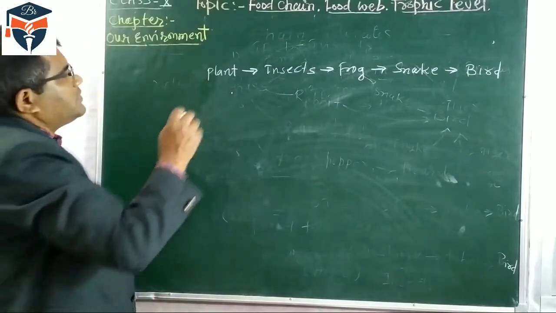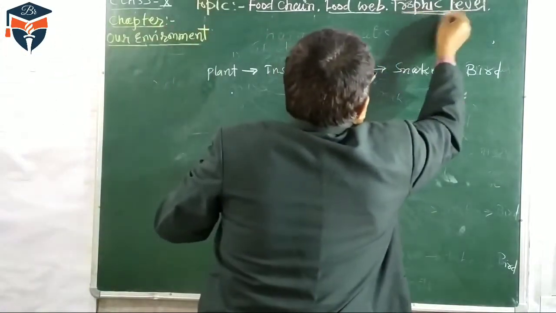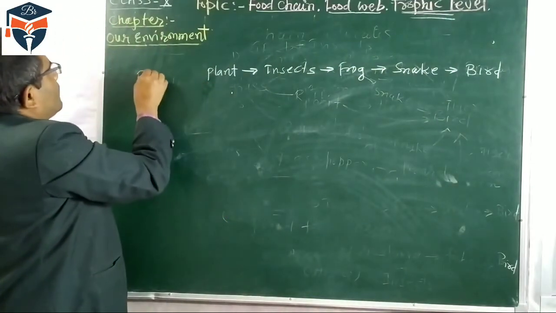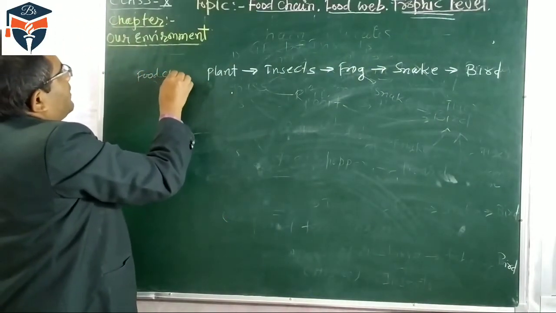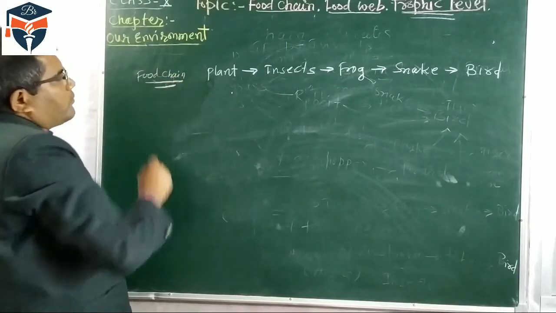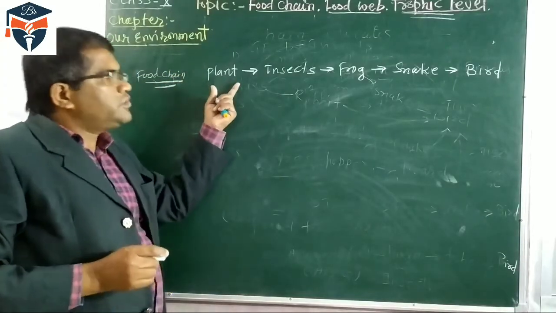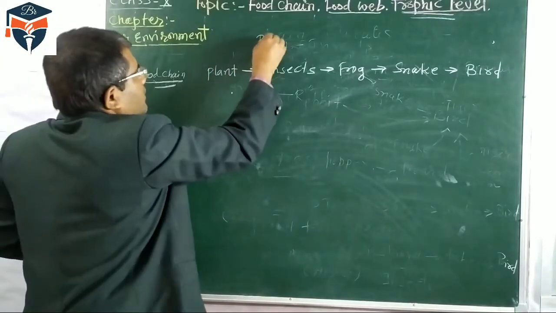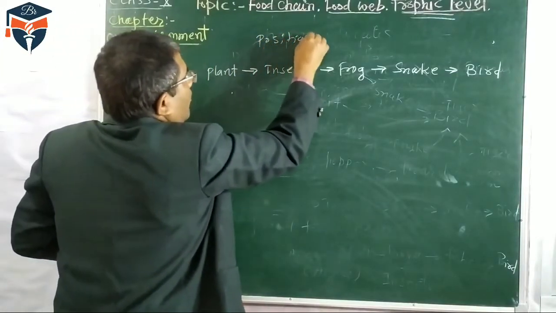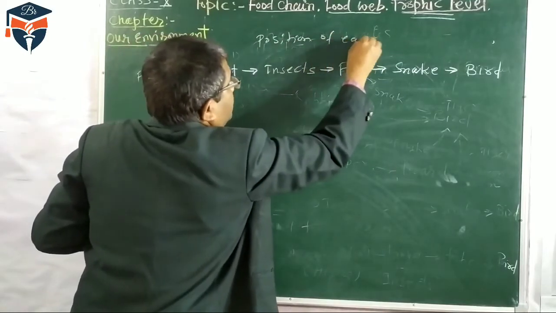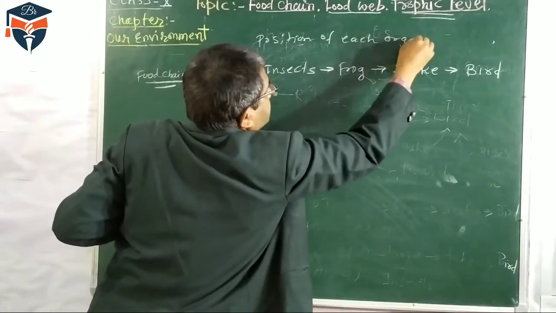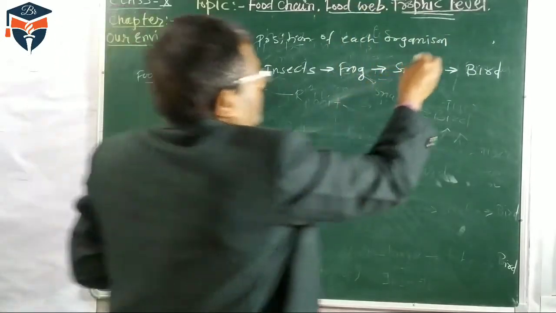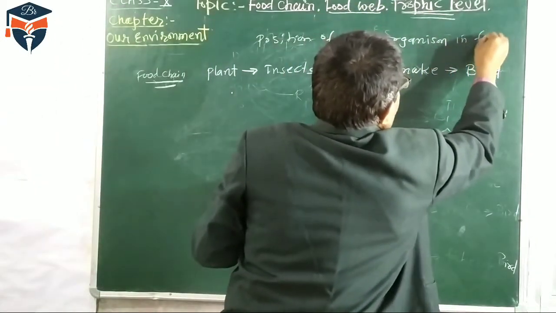So first we should understand now what is trophic level. It is one food chain. In a food chain, we come to know the position of each organism in the food chain.